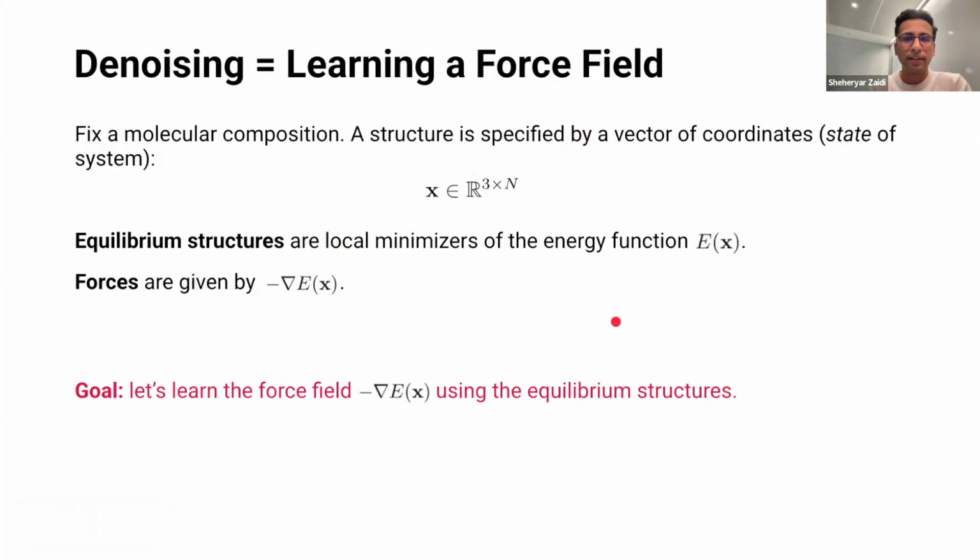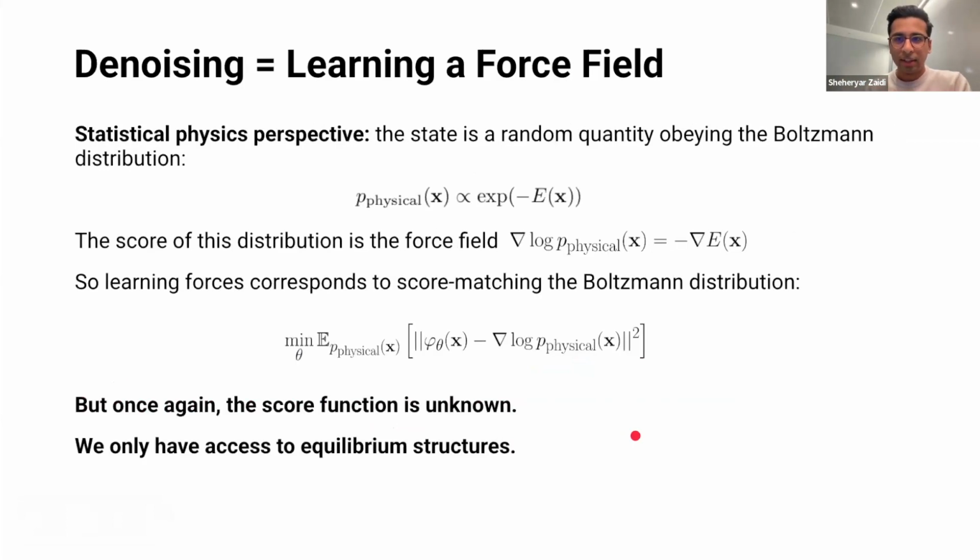So let's set our goal to be learning negative grad E of X using only the equilibrium structures. Remember that we only have access to a bunch of conformations, molecules which are minimizers of the energy. We don't know anything about negative grad E of X. At least we know that it is 0 at these local minimizers, but we want to learn the function using just access to the equilibrium structures. So let's say we want to do that.